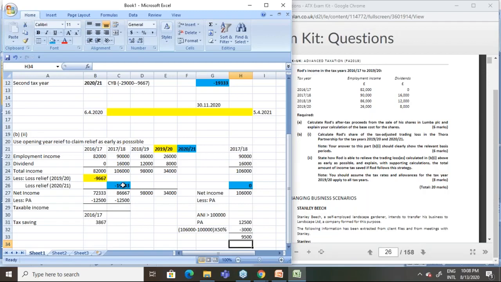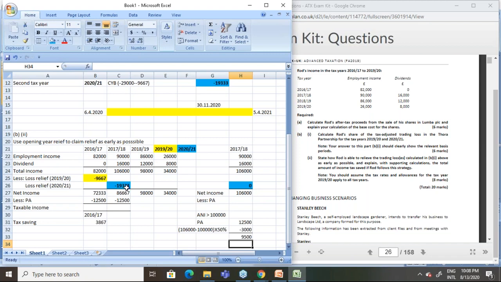Because of the loss relief, my net income became 86,667. Therefore, my adjusted net income is less than 100,000 pounds, and I was able to secure the full personal allowance of 12,500.